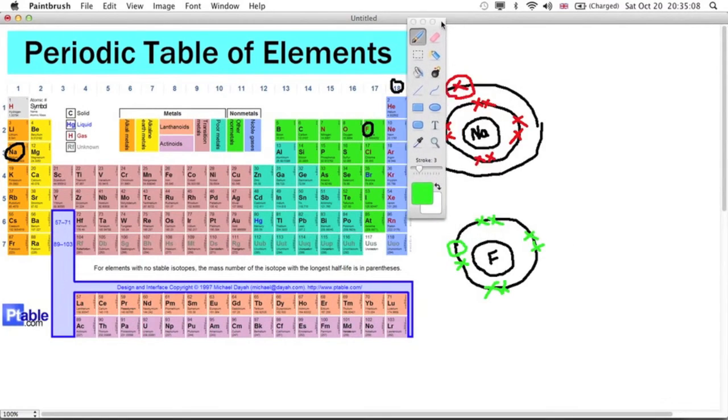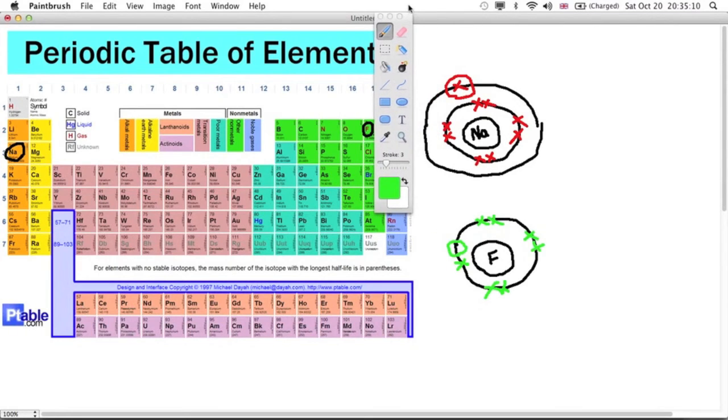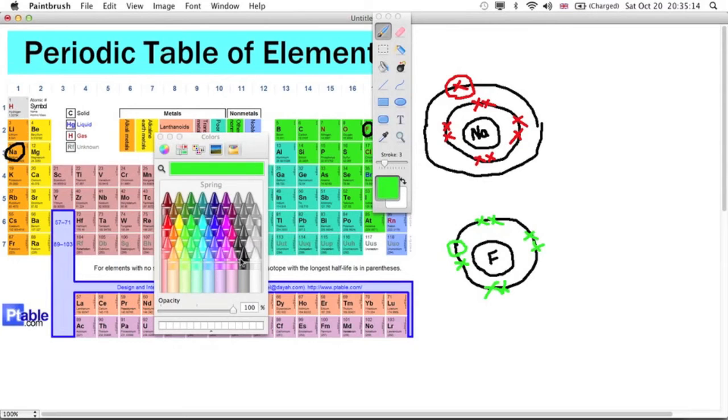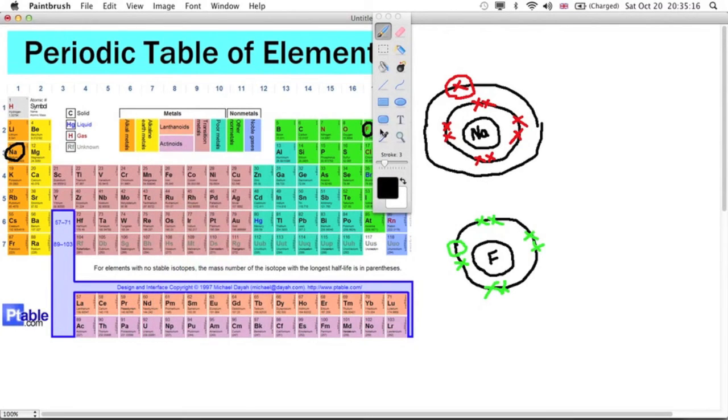Sodium loses the electron, and once sodium loses an electron, it has more protons than it has electrons. So as you remember that we learned last time, the number of protons in each element is the same as the number of electrons.